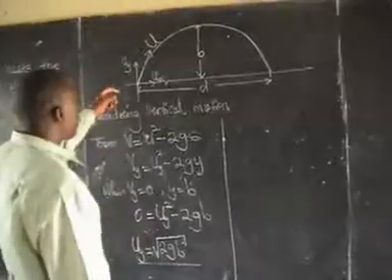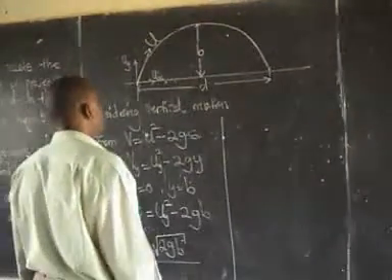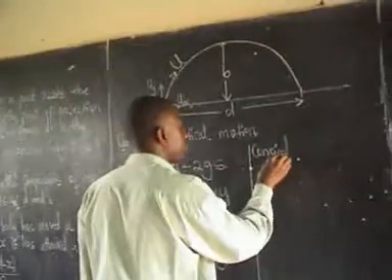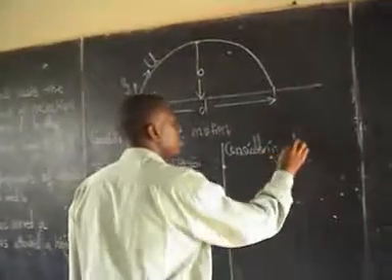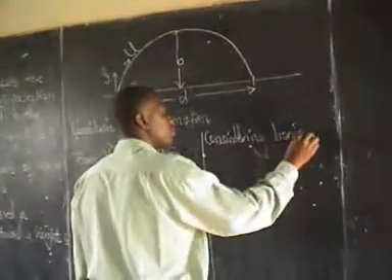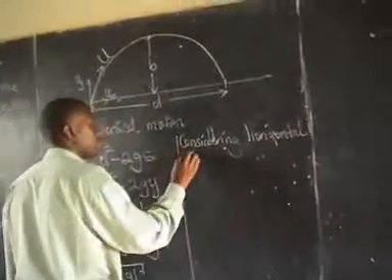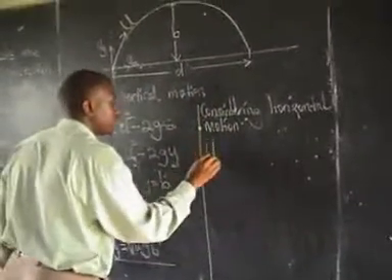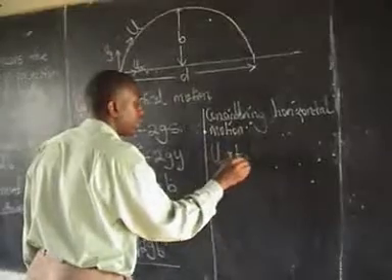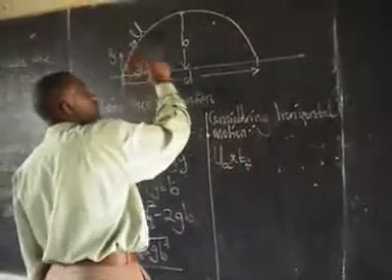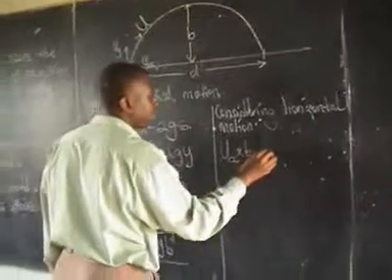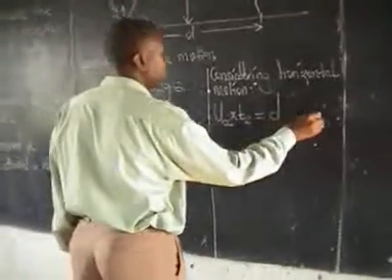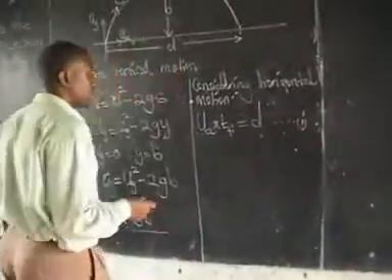So for the horizontal component, I'm going to consider the horizontal motion. Considering horizontal motion, we shall have Ux times Tf, where Tf is the time taken to move from here to that point. The time of flight must be equal to d. So this equation here is demanding to get the value of Tf.